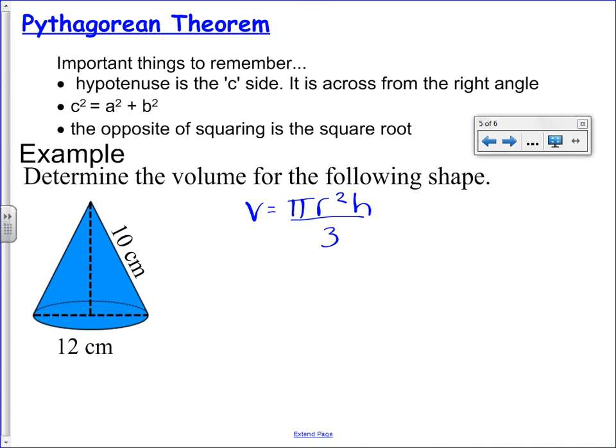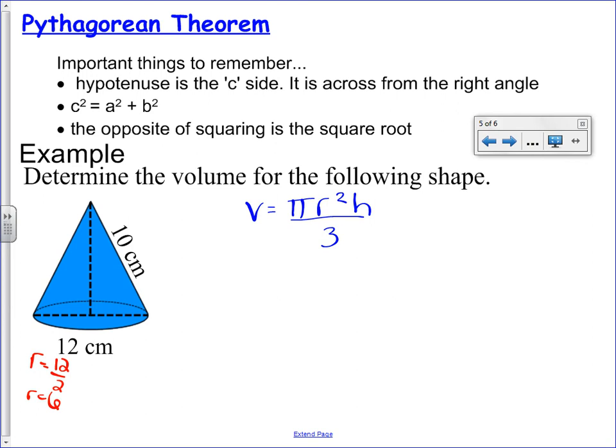Okay, so Ben, do I know what my radius is here? What is it? Good. How'd you get that it was 6? Good. So I know my radius equals 12 divided by 2, which gives me 6.